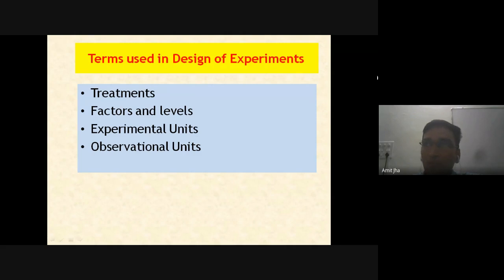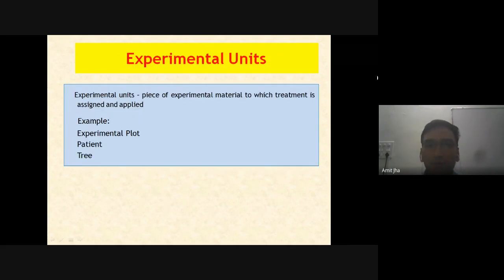Experimental units means the units on which we are conducting the experiment. If you are working on crops, then the crop will be the experimental unit. If you are working on animals, then the animals will be the experimental unit. If you are conducting it on humans, then humans are the experimental unit. An experimental unit is a piece of experimental material to which a treatment is assigned and applied.